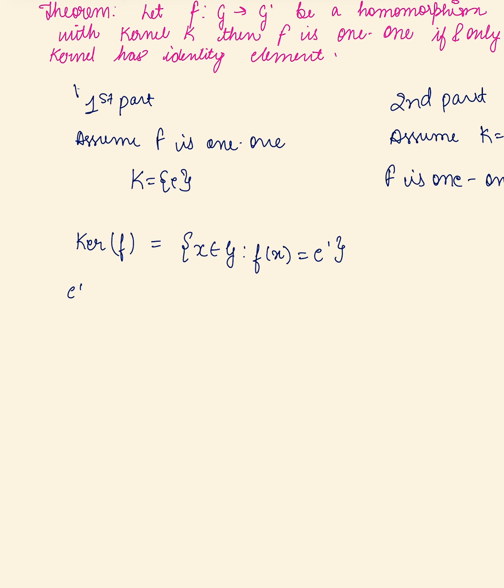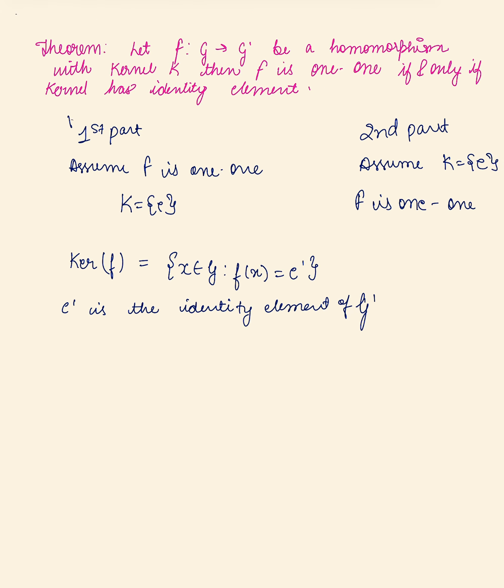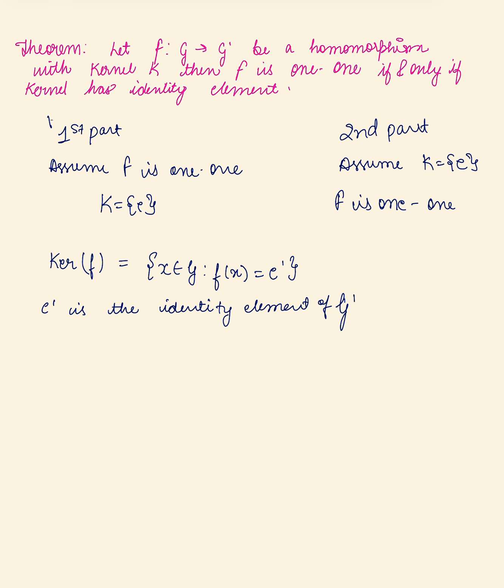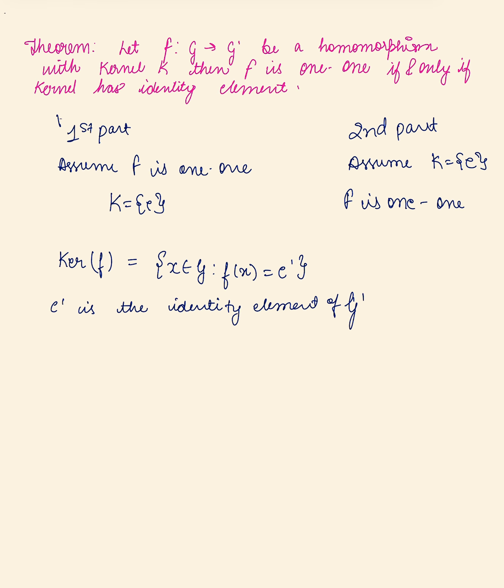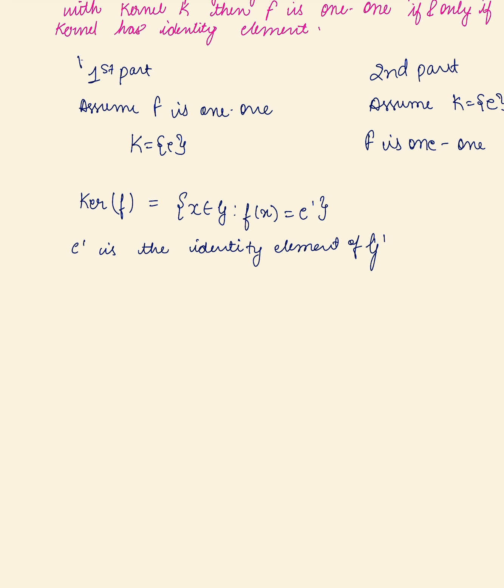E dash is the identity element of the codomain group G dash. So we are taking an element x that belongs to G and its image is equal to E dash, the identity element of G dash. Now is the definition of kernel clear?